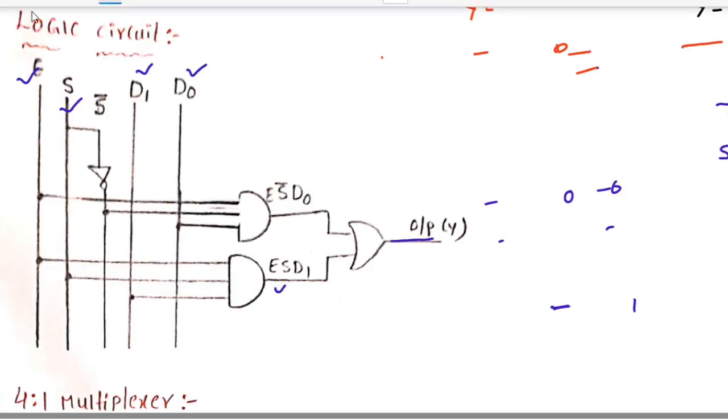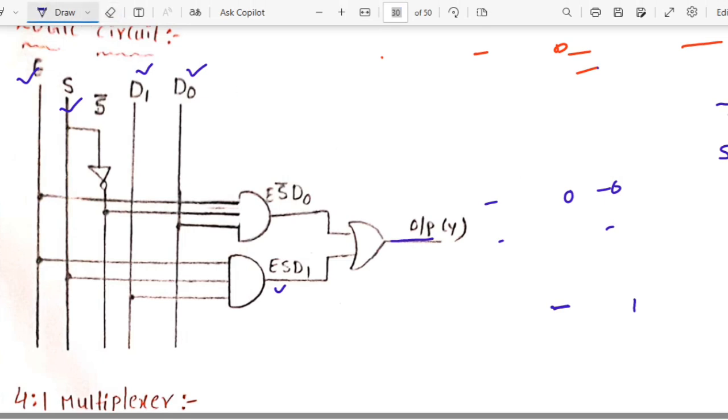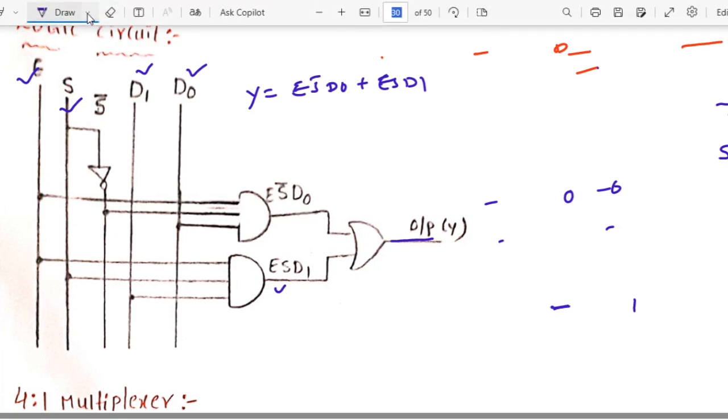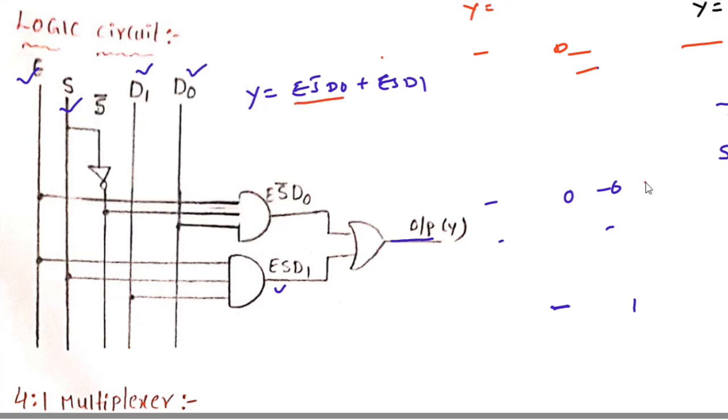So what is the expression we just got? Y equals E S bar D0 plus E S D1. The enable pin must be high. Whenever S equals 0, I get D0 as output, so S bar and the enable pin are needed, and D0 is connected here, with an AND relationship between all of them.